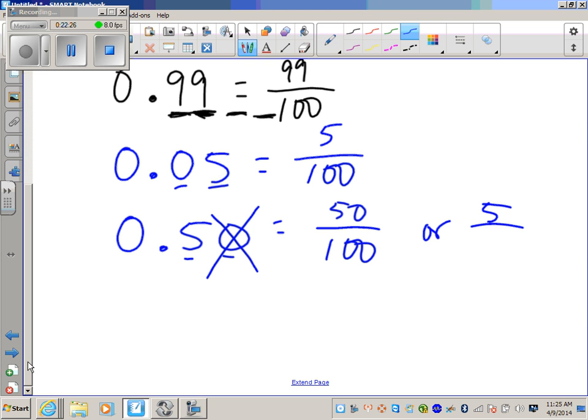Now it's 5/10. Which doesn't matter because if I simplify either one of them, they're both going to equal 1/2. So it all works the same. Unless they ask you to put it in the simplest form.